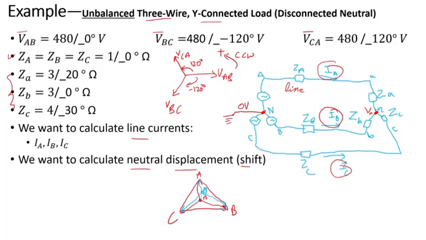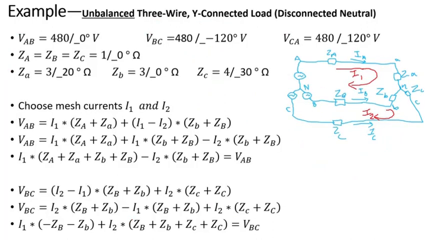So that's really what we mean by the neutral shifts, or is displaced, due to unbalanced conditions. Unbalanced conditions can be caused by unbalanced load, unbalanced line impedances, line to ground faults, basically anytime you have unbalanced conditions. So now, with that in mind, how do we calculate that neutral shift?